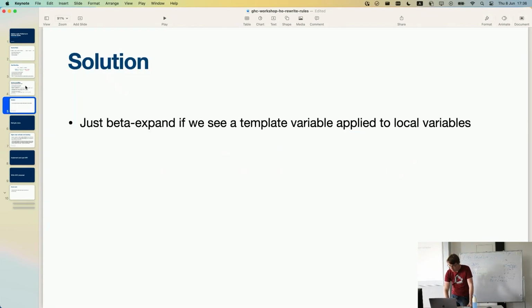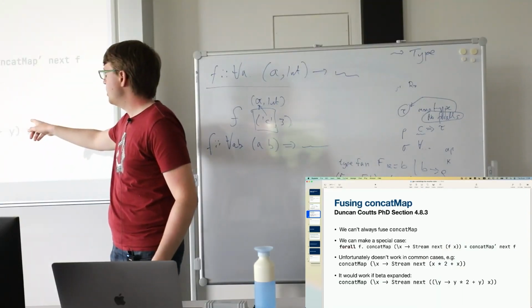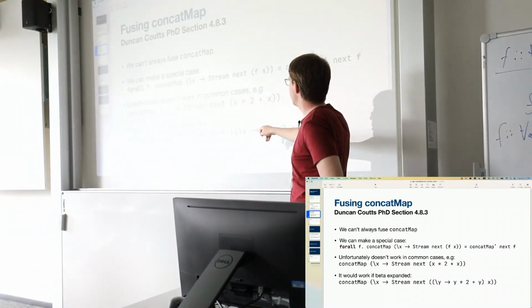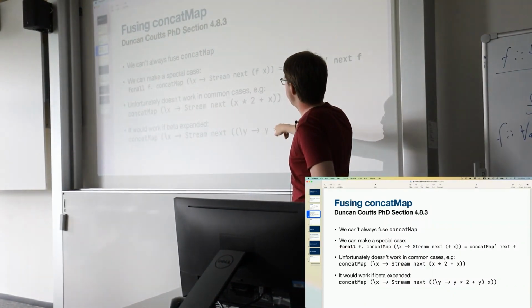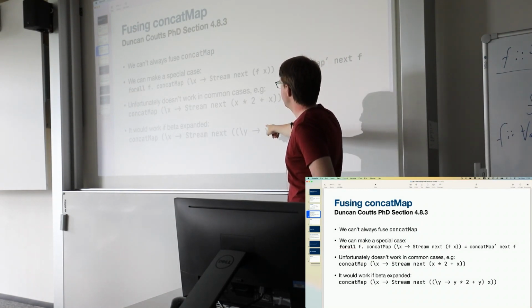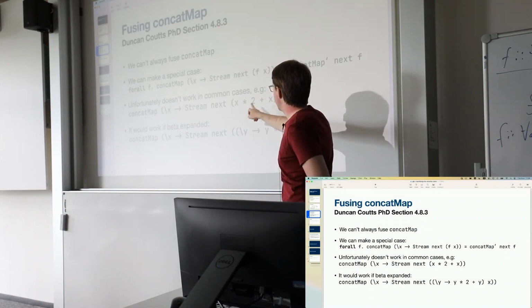That is best explained here. So what you see happening here is that I add this y variable, which is a fresh variable, and I rename all the x's in the target to this y.